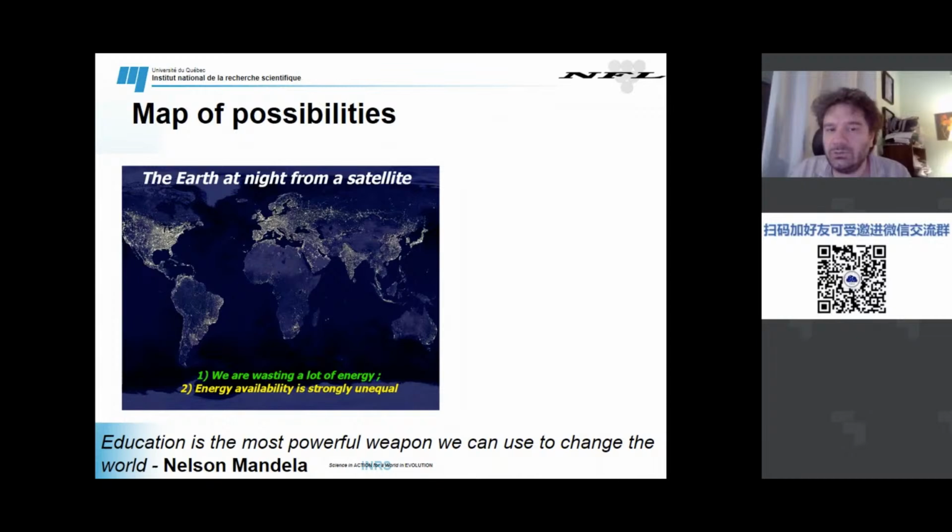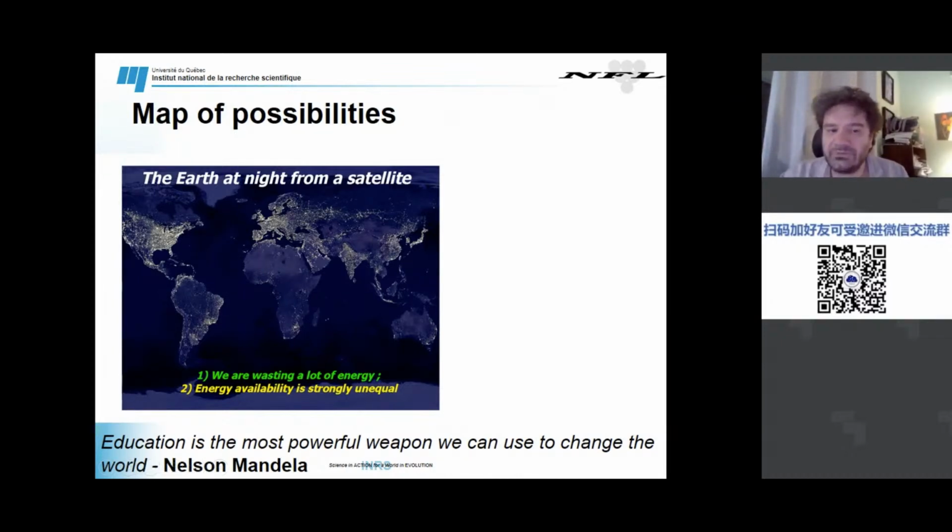So actually, most of India is well developed in terms of accessing energy. And China also, but mostly the eastern part. The western part of China, well, I guess those of you who are originally from China, you won't be surprised to see that the western part of China is much less developed in terms of availability of energy.